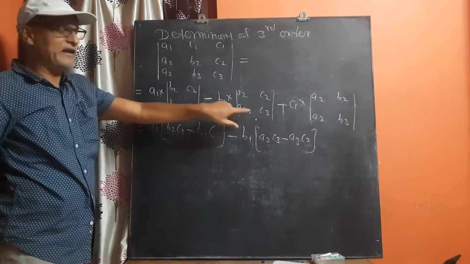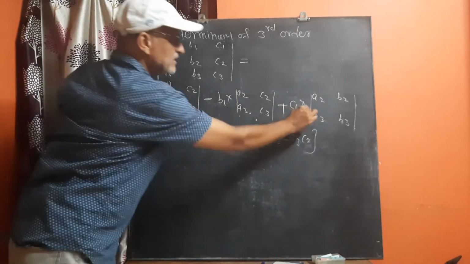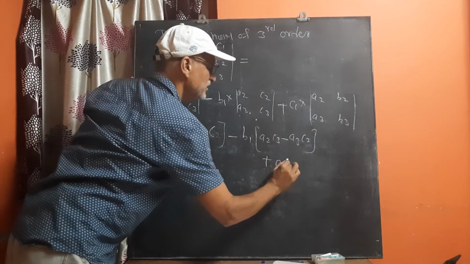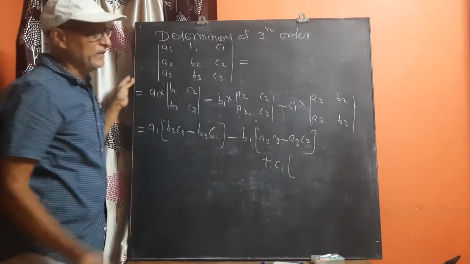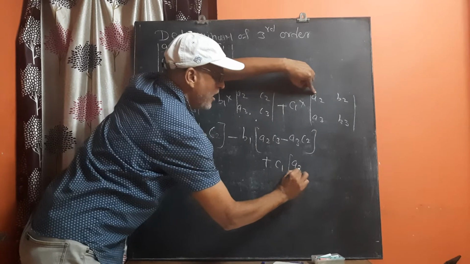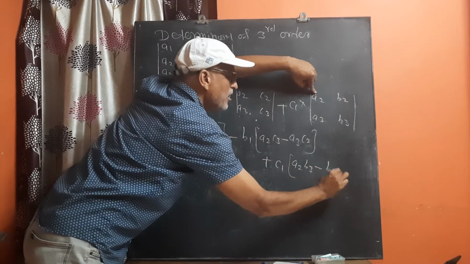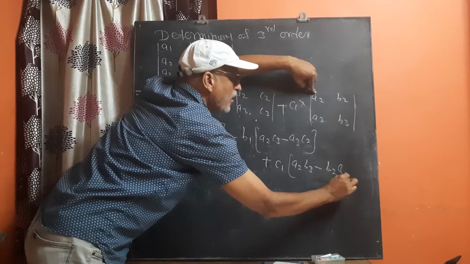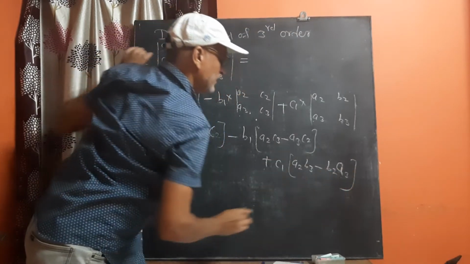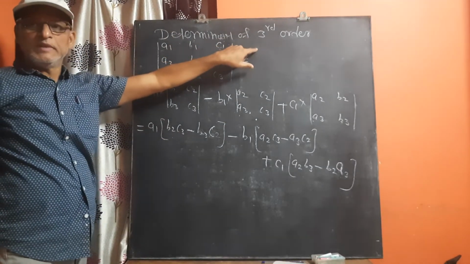Now I write here directly because we have revised this 2 by 2 order determinant. Plus the third element, that is C1 into, simplify this one, A2, B3 minus B2, A3. So this is the simplification of 3 by 3 order determinant.